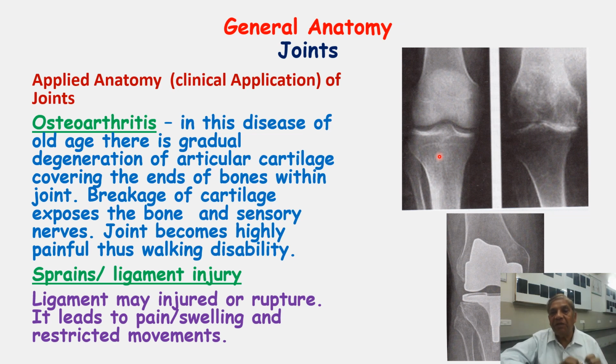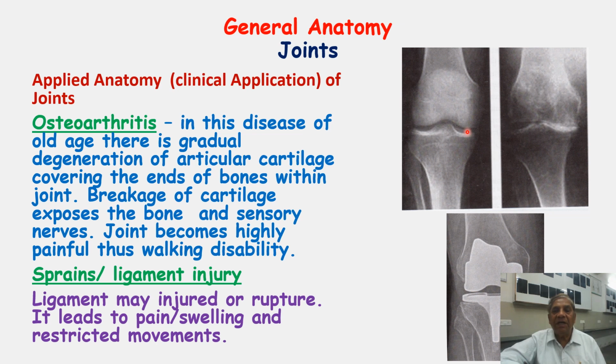Because cartilage doesn't cause a shadow in the x-ray, that area is seen as a black shadow, because cartilage does not contain calcium salt, hence it is not seen in the x-rays. That's why this gap. So don't think that there is a gap. These two articular surfaces covered by articular cartilage are always in contact with each other.